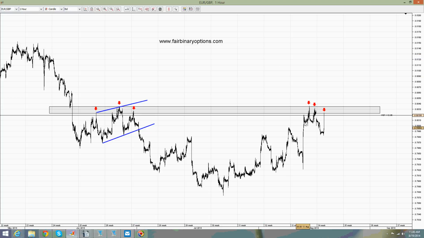We have a first move to the upside, so A, B, C, D, and then the E wave, and then this might very well be a triangle or a contracting triangle that should act the other way around.